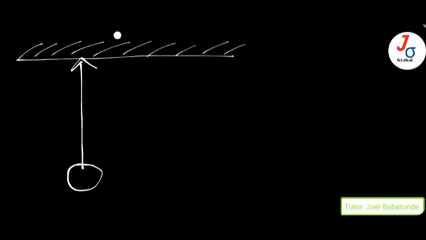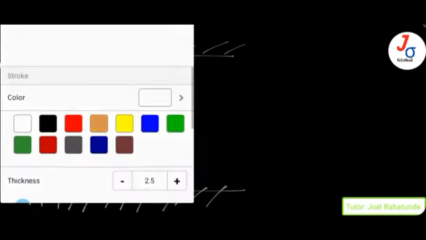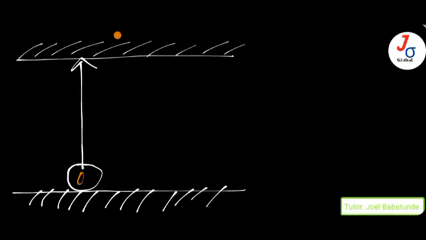This is the ground level. So it is thrown vertically upward. What is the mass of this ball? The mass of the ball is 0.5 kg.